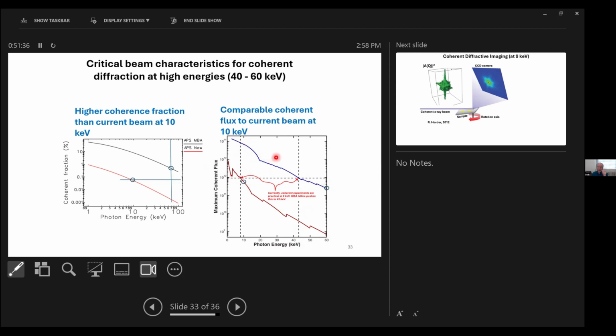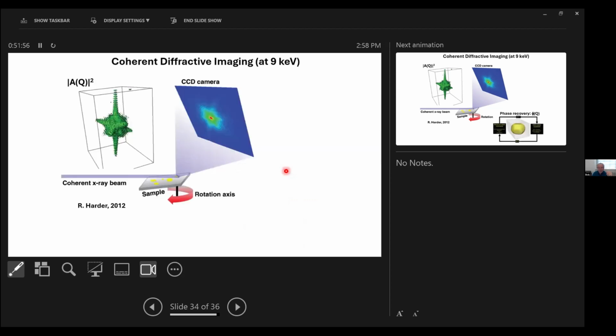So the X-rays will be more coherent. Another way to say it is that the coherence length will be larger, and that will allow us to look at larger grains, with the caveat that as you go to larger grains, the fringes that you're trying to measure get closer and closer together.